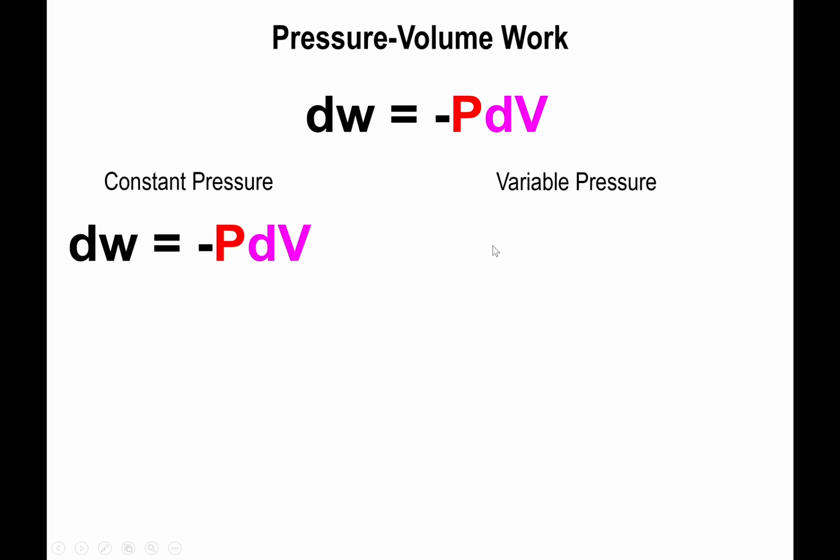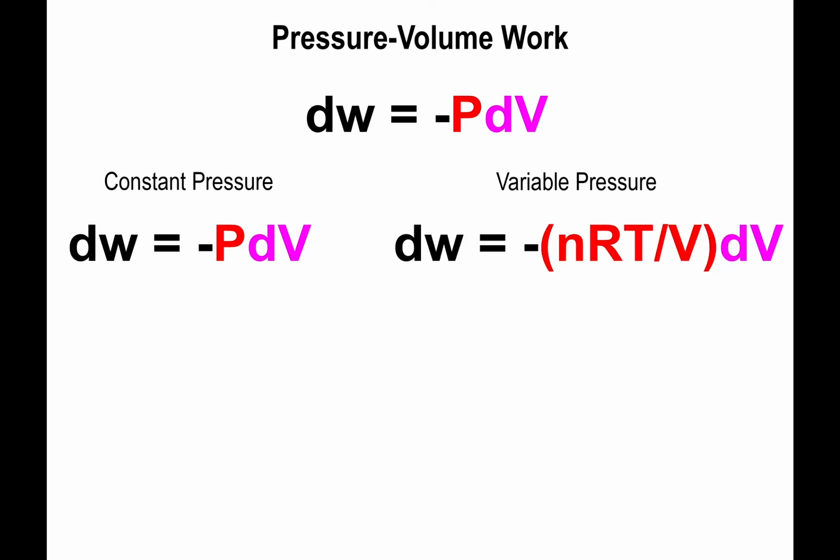All right, now the reason why you have to look at it in these two terms is because the equations themselves change a little bit. They both derive from the idea that W equals negative P times dV. But at variable pressure, as the name implies, the pressure is going to be changing. And one way to approximate that in terms of volume is to rewrite pressure using the ideal gas law.